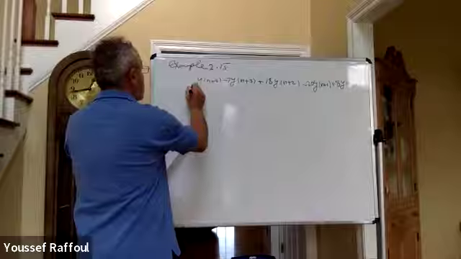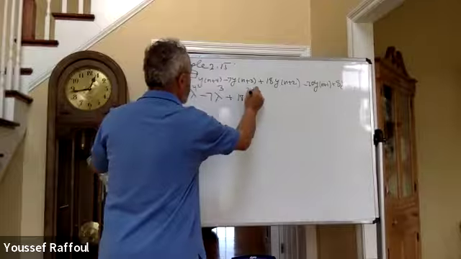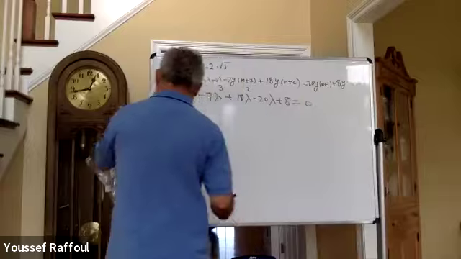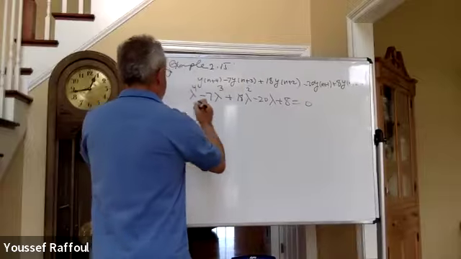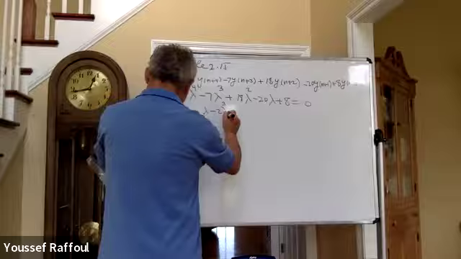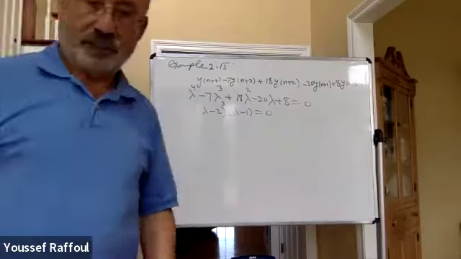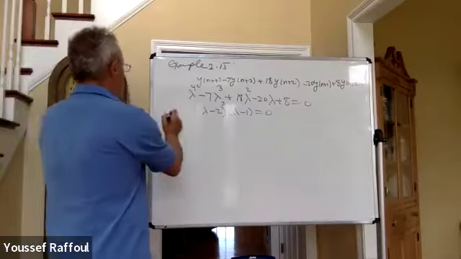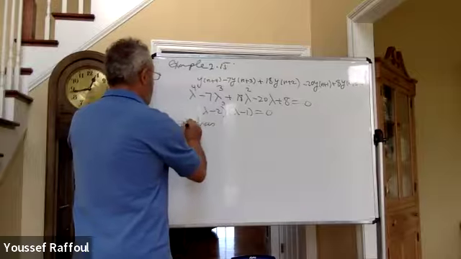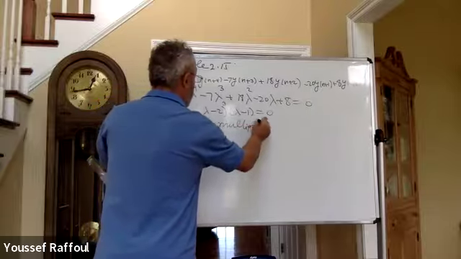So this is the same as lambda to the 4 minus 7 lambda cubed plus 18 lambda squared minus 20 lambda plus 8 equals 0. Or this can be factored into (lambda minus 2) cubed times (lambda minus 1) equals 0. So lambda equal to 2 has multiplicity 3.